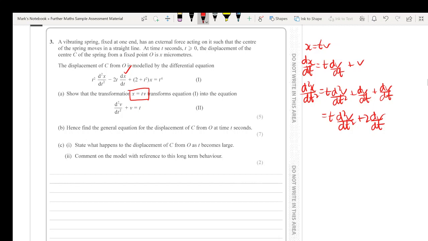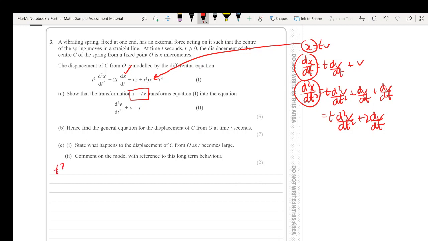Okay, so now we've got both of those, we have to show that we actually end up with this. So I'm going to substitute dx/dt and d2x/dt squared into this, and actually the x as well, and we should end up with that. So let's have a go.